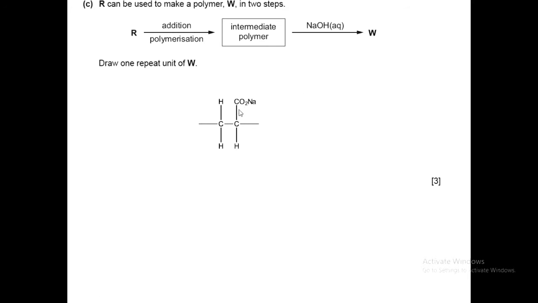That is what we have done for R: we have extended the left side bond and the right side bond by removing the double bond, and the carboxylic acid part of R is converted into sodium carboxylate. So the H of the carboxylic acid is removed and sodium has taken its place. That is the repeat unit of W after reacting with sodium hydroxide.